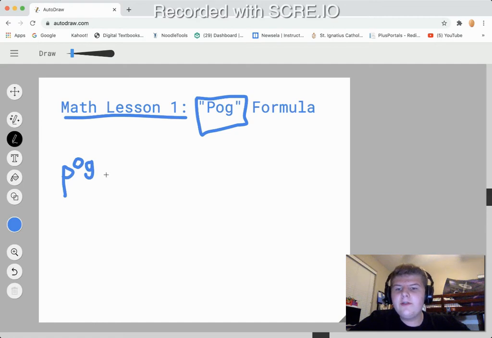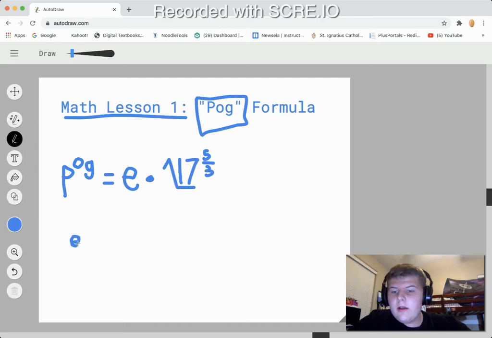Now, P to the 0 sub G is equal to E times the antiroot of 17 to the 5/3 power. This is the formula right here.